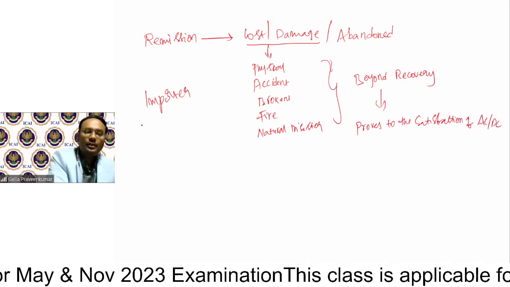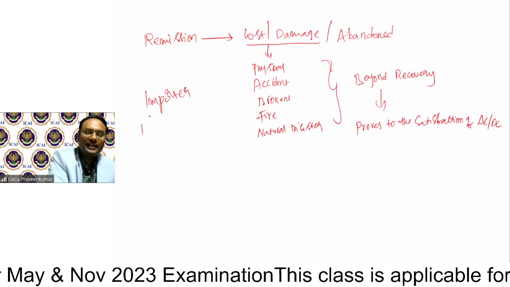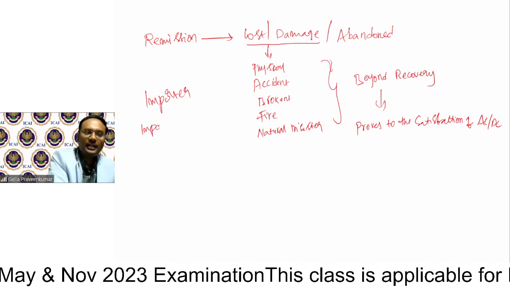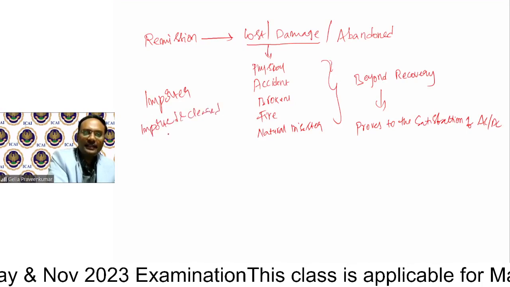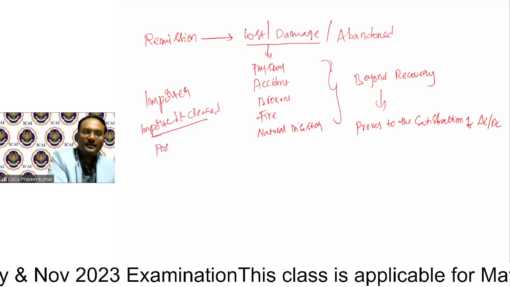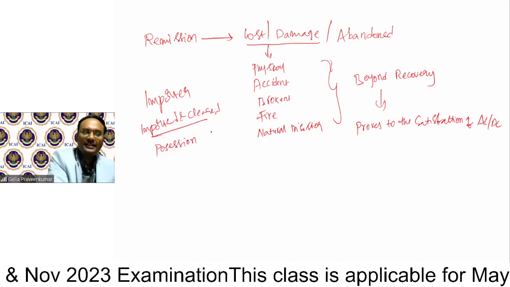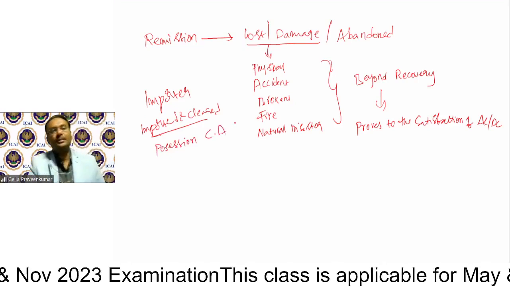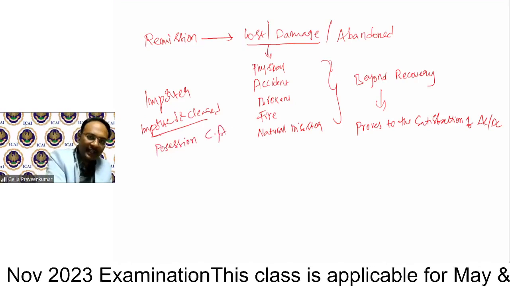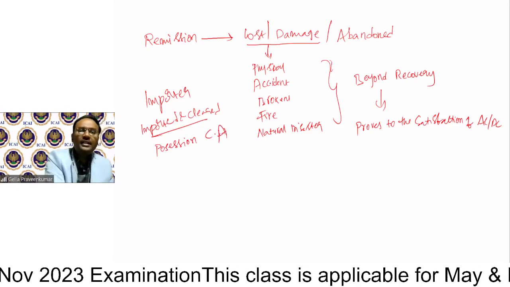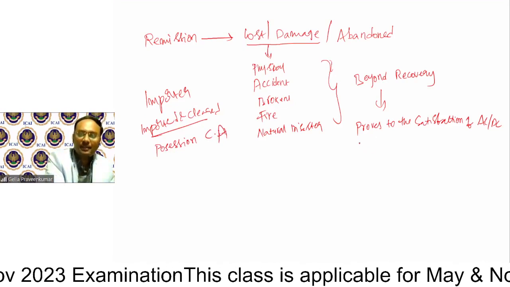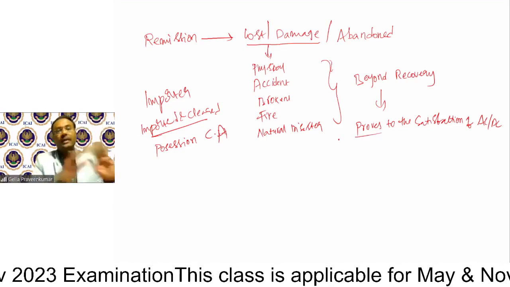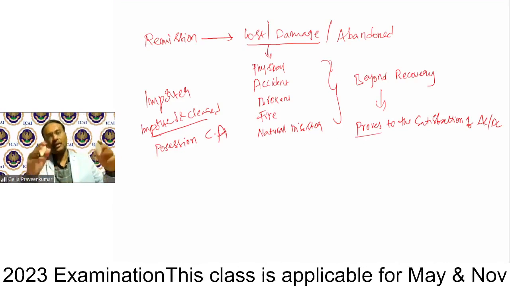So when the goods are imported and cleared, these are in the possession of whom? The customs authorities. When the goods are in the possession of customs authorities and the goods are lost or damaged, which is beyond recovery, if I can prove that this is not my intervention, this happened on its own.